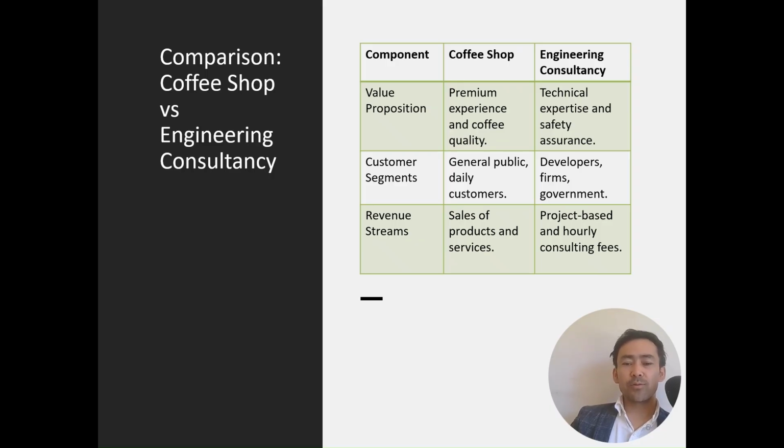The revenue stream of a coffee shop could be sales of products and services, and the revenue stream of an engineering consultancy could be project-based, and also the hourly consulting fees that they charge their clients for the consulting services that they are offering to their customers.